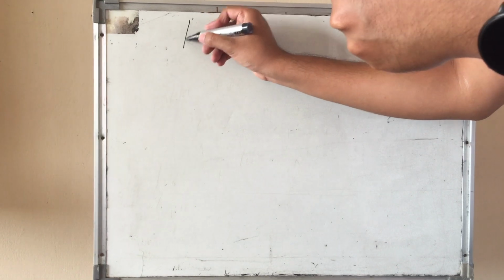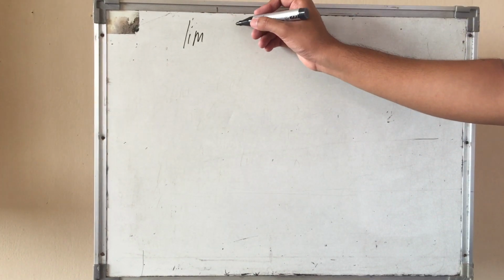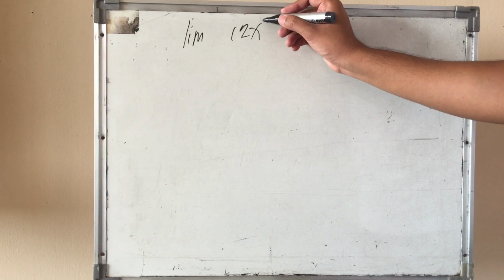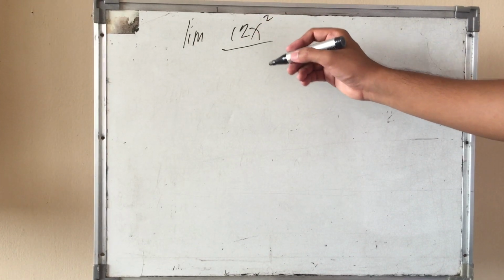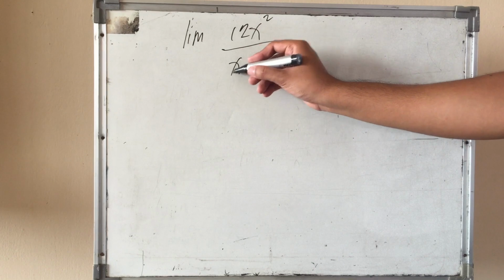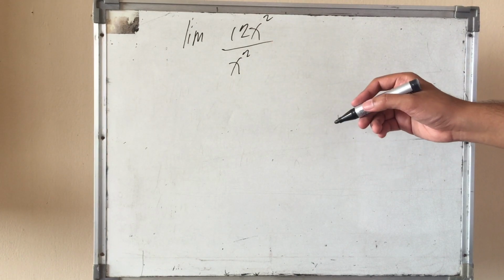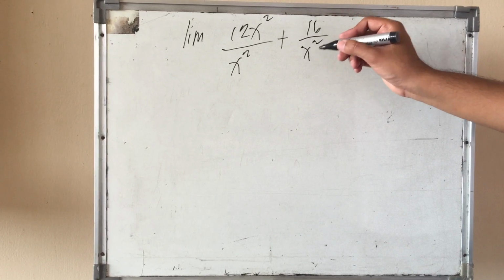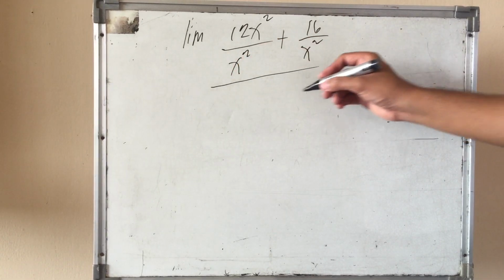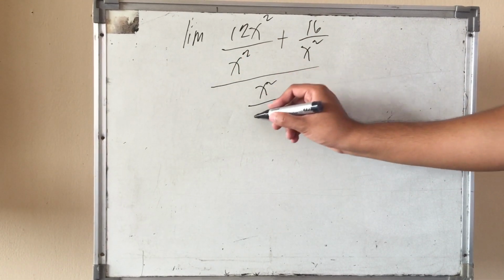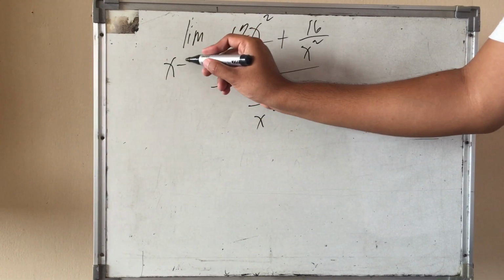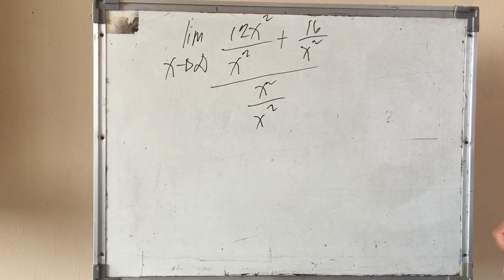The limit of 12x squared over x squared plus 16 over x squared, divided by x squared over x squared, as x approaches infinity.